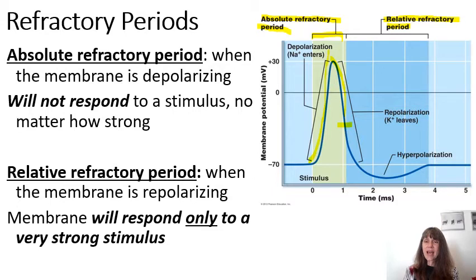The reason this happens is because it takes a while for the sodium voltage-gated channels to reset themselves enough in order for that second action potential to occur. So the relative refractory period is relative to the strength of the stimulus, and the membrane will respond only to a very strong stimulus during the relative refractory period.